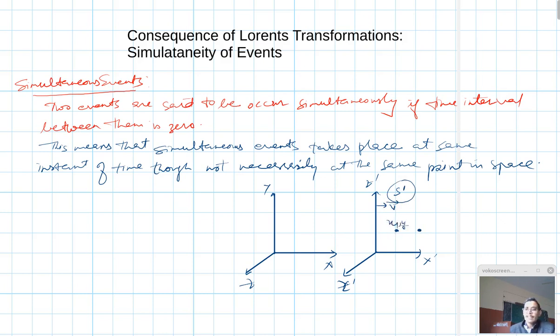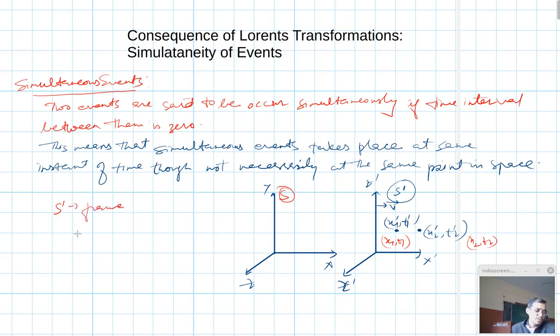This event is represented by x1 prime and t1 prime, and this event by x2 prime and t2 prime, when seen from the S prime frame. When these two events are observed from the S frame, the coordinates are represented by x1, t1 and x2, t2.